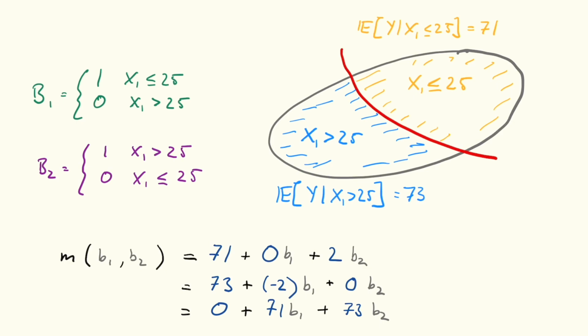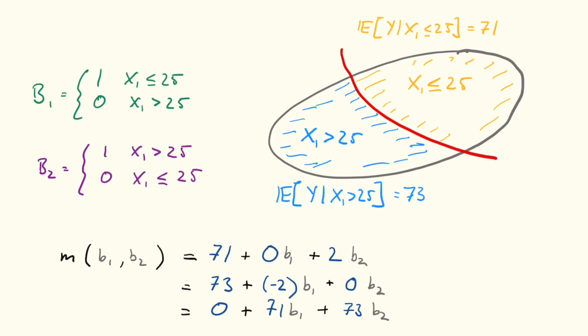As you can see, while it is clear what the m function should be, it's not clear what coefficients we should choose to get that m function. The underlying problem is, of course, that b1 and b2 encode the same information. We are using too many binary variables.